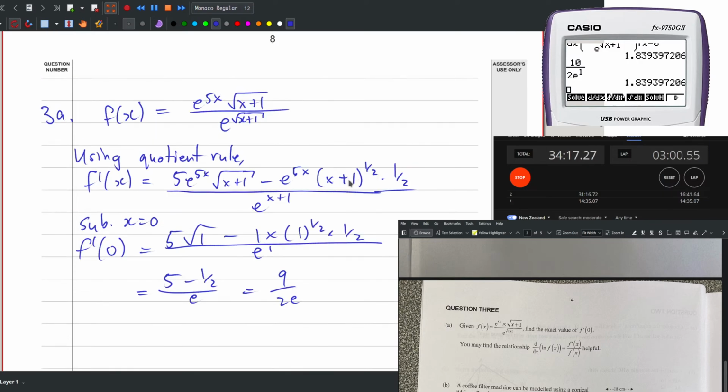Okay, so evidently this 1/2 is not supposed to be there. But why is it not supposed to be there?